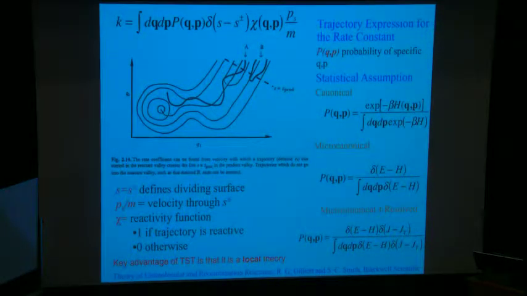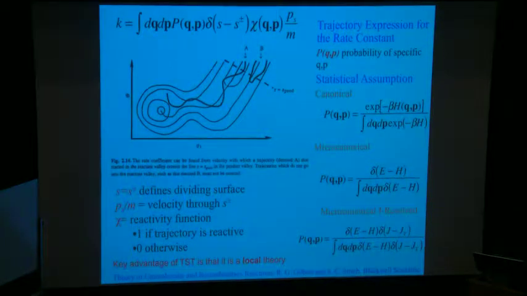It turns out your transition state theory approximation, this assumption of what you're going to put in for chi, depends on where you put your dividing surface. I was describing how the trajectory rate does not depend on where you put your dividing surface, but the transition state theory rate that you predict depends very strongly on it.